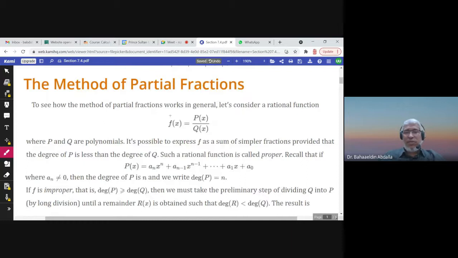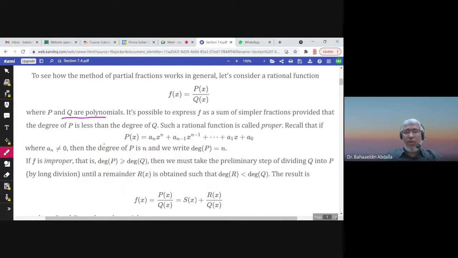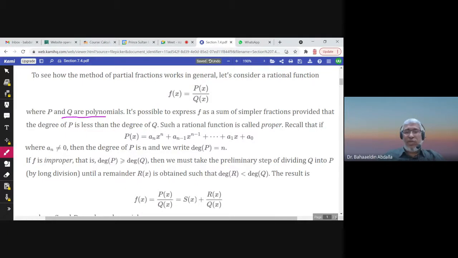So this is a rational function, p of x polynomial, q of x is also polynomial. Now let us differentiate between two types of rational functions, proper rational functions and improper rational functions. Well, proper rational functions, if degree of p is less than degree of q, if degree of the numerator is less than degree of the denominator, we call the rational function proper.